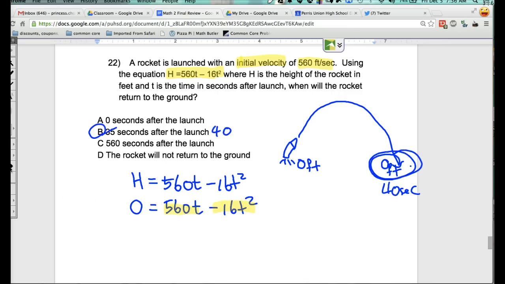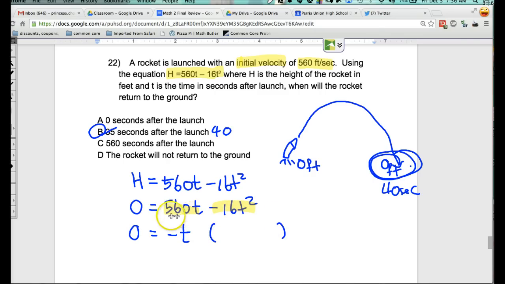Okay, so now let's take a look at this. The next thing we want to do is go ahead and solve this, right? So we have to factor this, and what that means is we have to look at this term over here and that term over there and find the GCF. What is the thing that we can pull out in common? I'm looking at 560t and negative 16t squared, and I know that I could divide both by negative t. So I'm going to pull that out, and then open up my parentheses. But what is the other number that I could pull out?